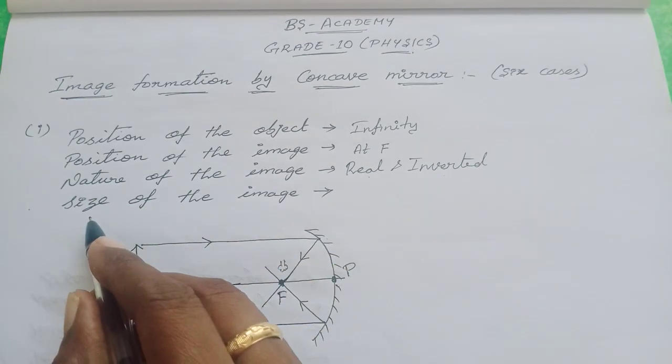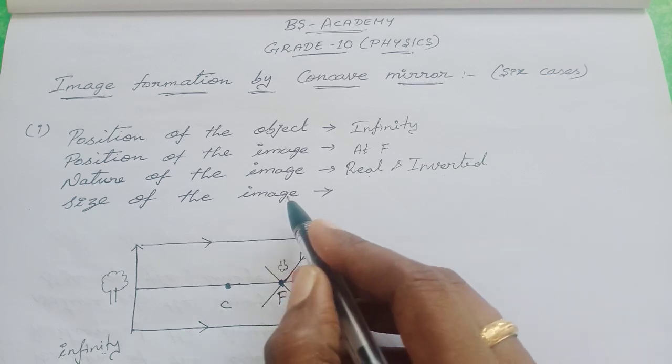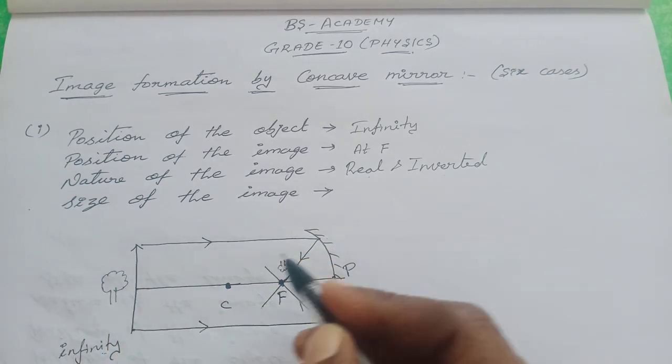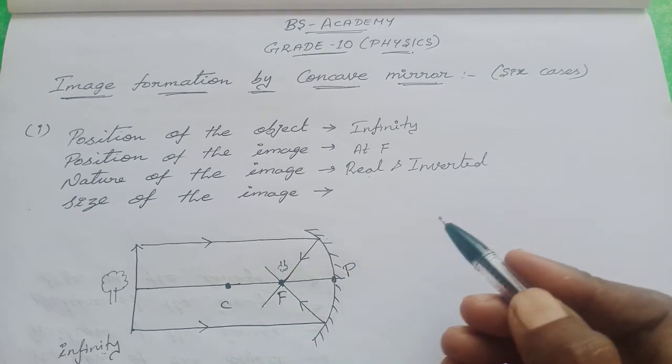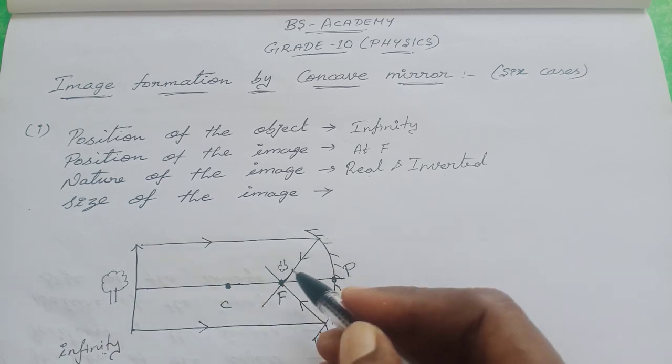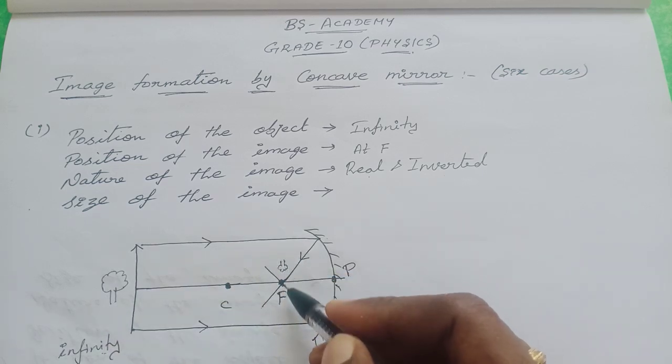Right. Next, the size of the image. What will be the size of the image? When compared to the size of the object, the size of the image is very small. Imagine the size of the tree, it will be very high, whereas the image of this tree is obtained on a small screen.